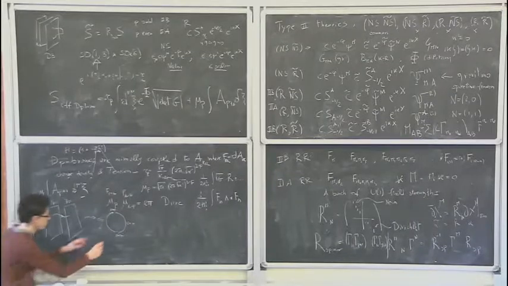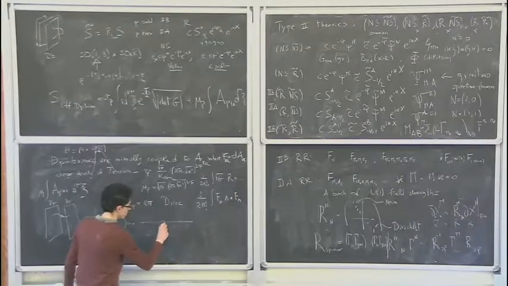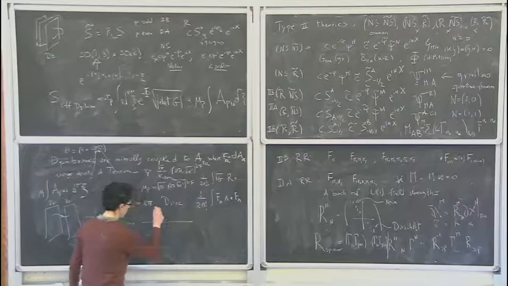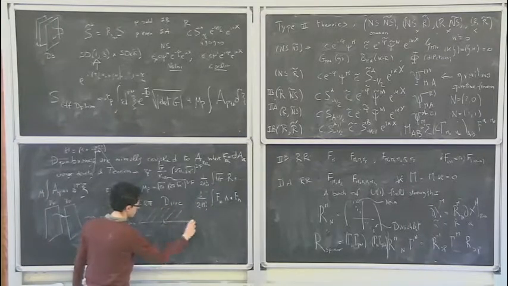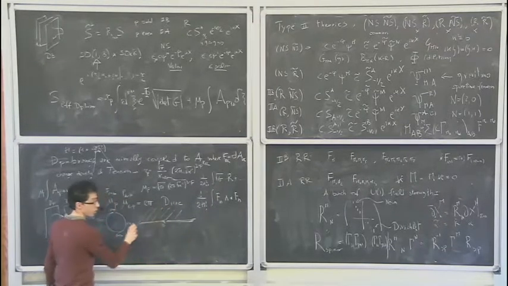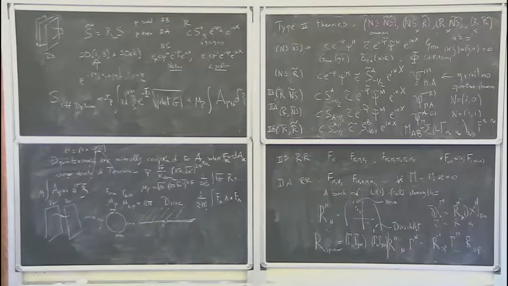So this is just this picture, right? The upper half plane, one boundary, the other boundary. So what Polchinski thought was: if I want to calculate the interaction between these two Dp-branes, I want them not excited.